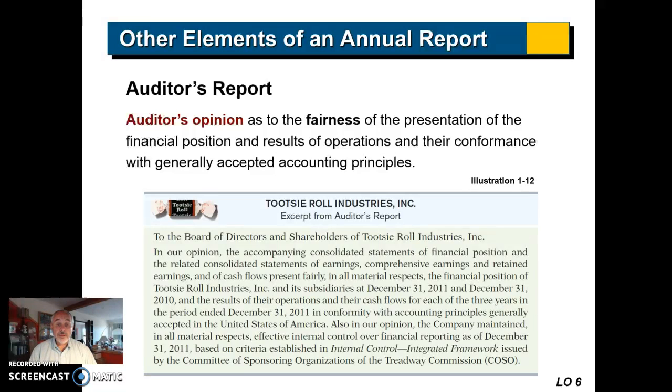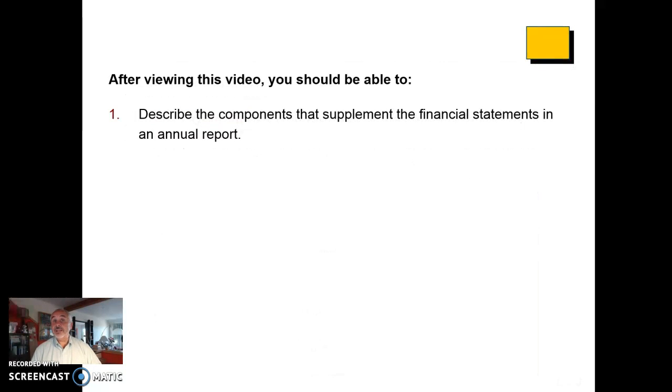Everything checks out, and they issue an opinion that says in all material respects, so in all areas where it makes a significant difference, effective internal controls over financial reporting as of December 31st, 2011, based on criteria established in the Internal Control Integrated Framework issued by the Committee of Sponsoring Organizations of the Treadway Commission. So they're saying that this auditor's report is fine, that you as a user can rely on the information given.